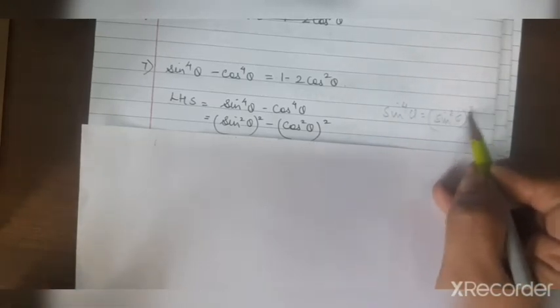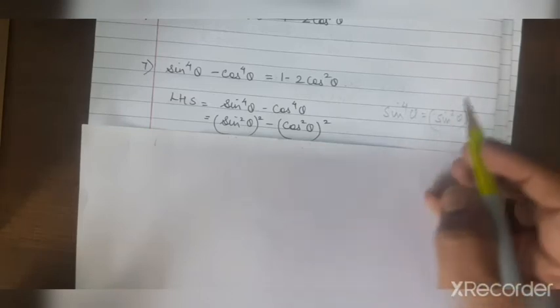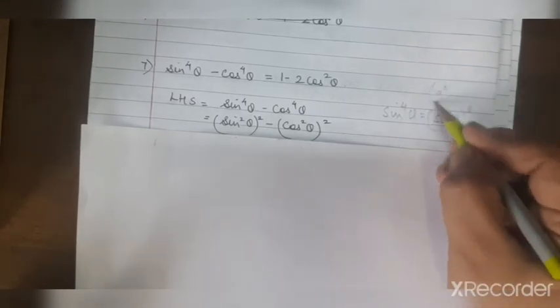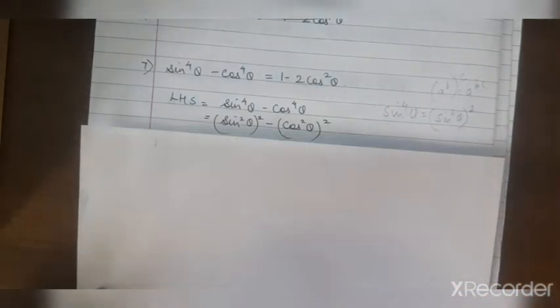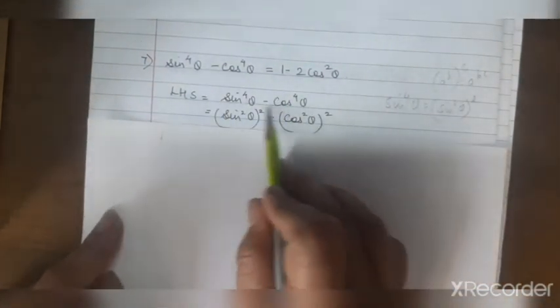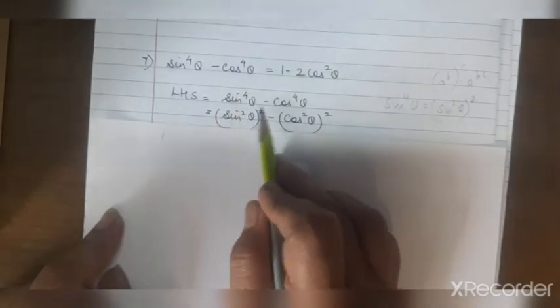If it is a raised to b the whole raised to c, it is a raised to bc. So here we have not changed the sum, only this 4 we have split as 2 into 2.